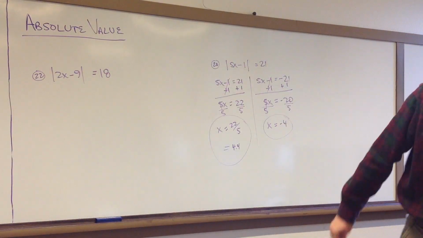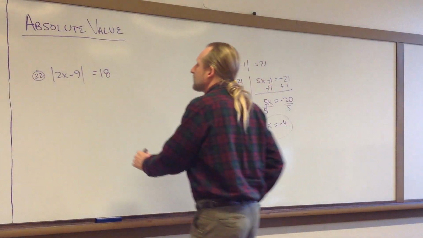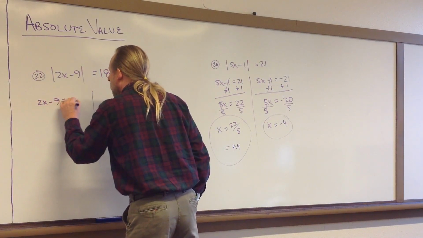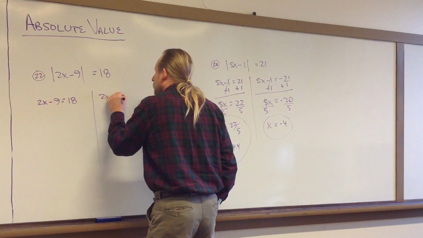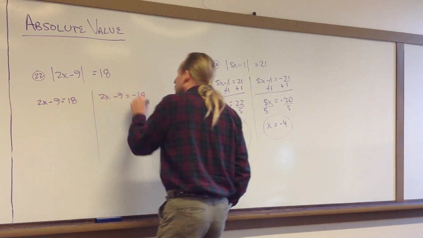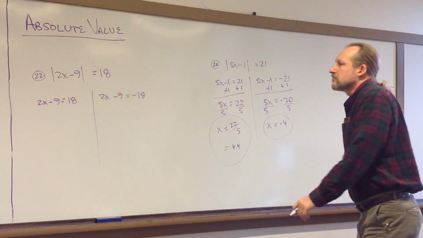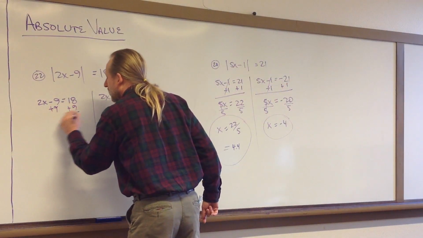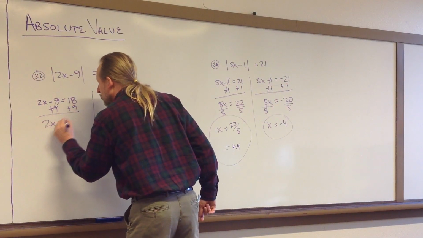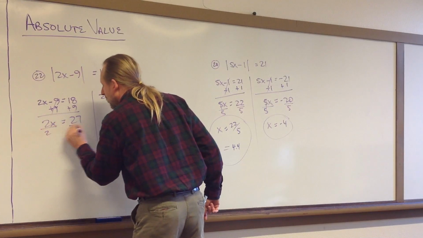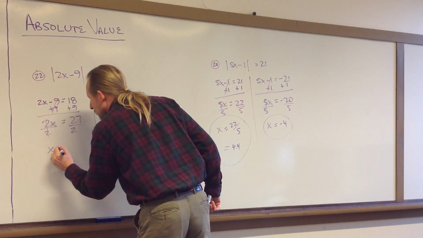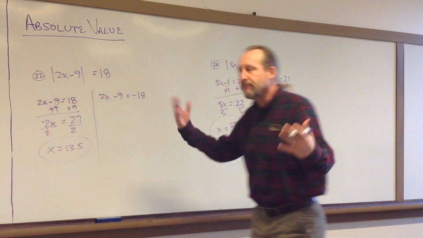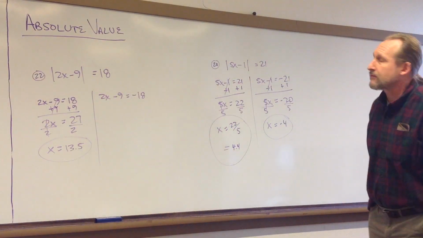All right, so let's go ahead and split this into two pieces. 2x minus 9 is 18, or 2x minus 9 could be negative 18. All right, so let's add 9 to both sides. So 2x would be 27, and then we divide on both sides by 2, and we'll get 13.5, or you can just call it 27 over 2.